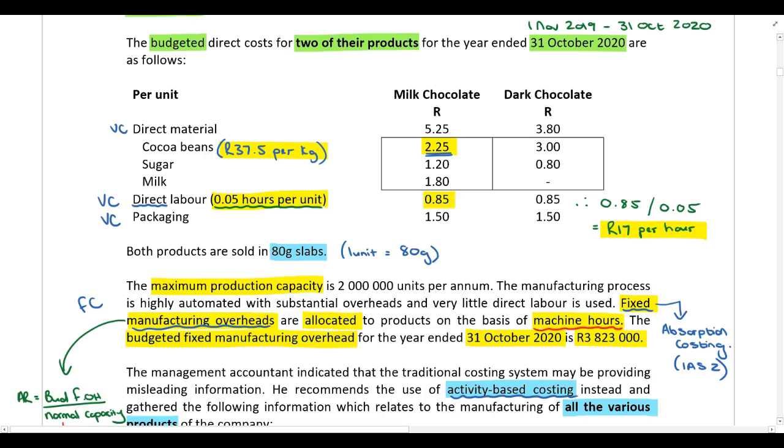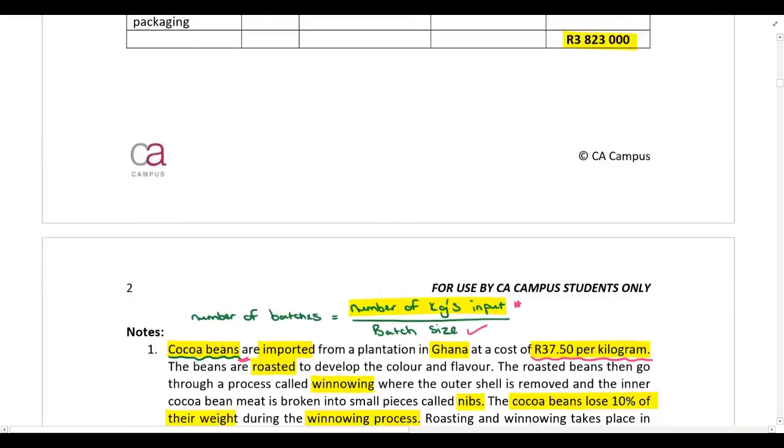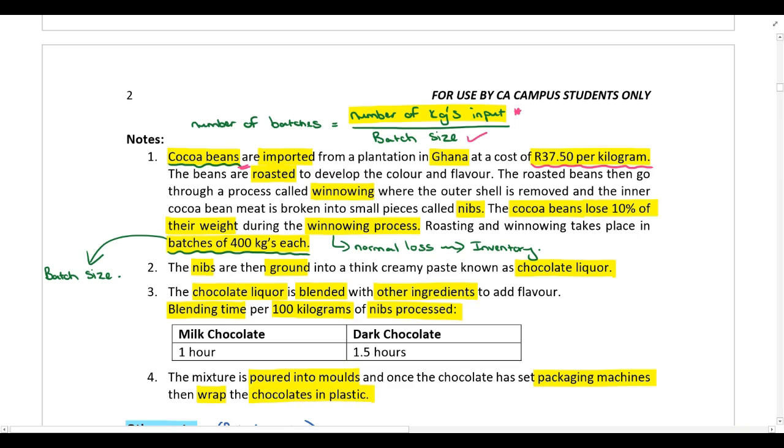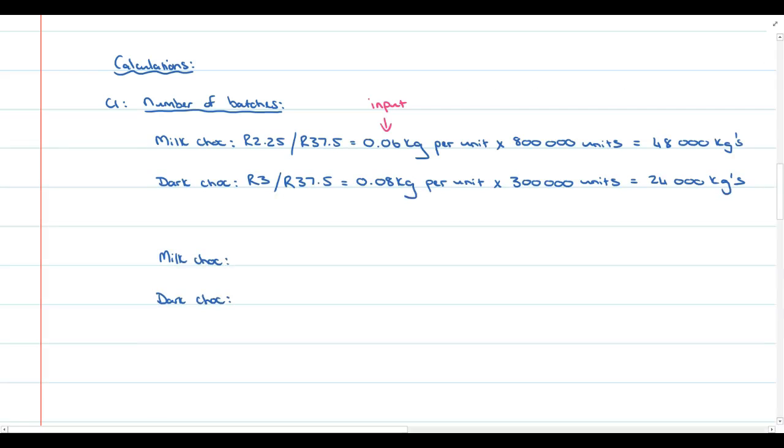Okay, so let's go back to the information provided in the scenario. In order to calculate the number of batches, we said we are going to take the number of kilograms input, which we just calculated now, and we are going to divide by the batch size, which is 400 kilograms. So for milk chocolate, they are going to input 48,000 kilograms of cocoa beans into the production process, and there are 400 kilograms in each batch.